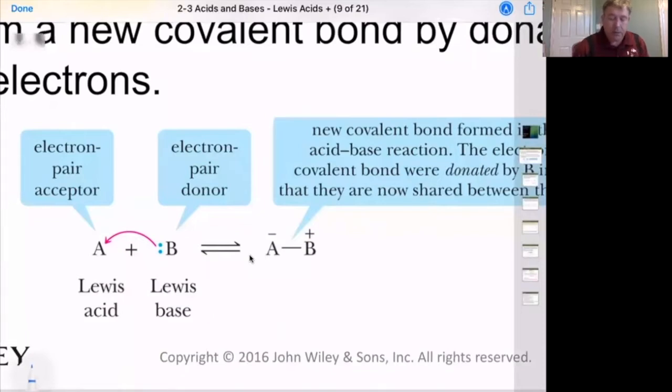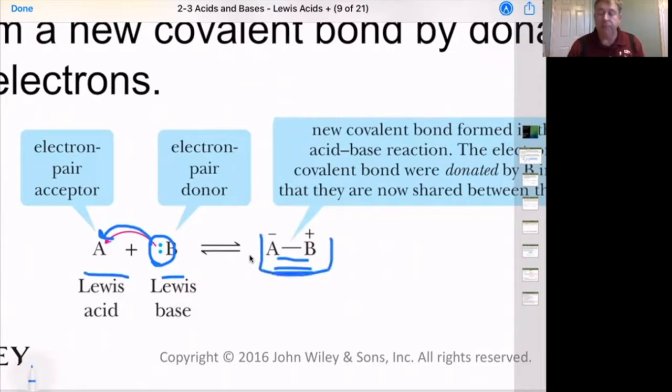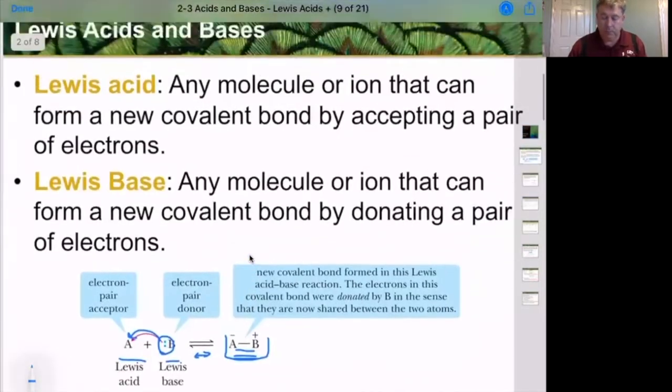A Lewis base might have a lone pair that it can donate to the Lewis acid, creating our new bond. If both of these were neutral at the start, we're going to form charges in our final material. And notice, like most acids and bases, there is the possibility for an equilibrium to exist.